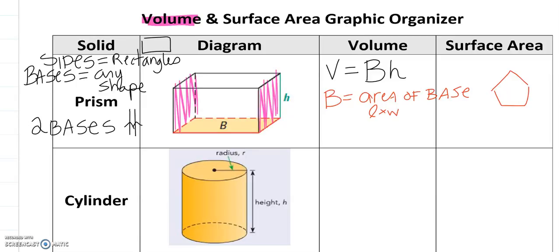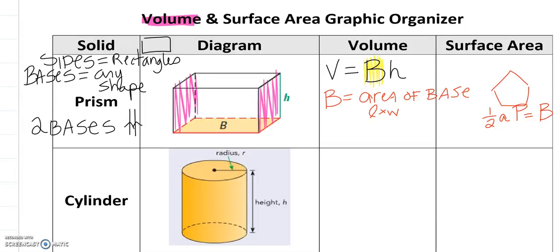Then our capital B, if it's a regular pentagon, would be replaced with a formula for a regular pentagon's area, which is 1/2 apothem times perimeter. That's what the big B would be if your base was in the shape of a regular pentagon. So just understand that capital B is a very important concept, and it means area of your base.